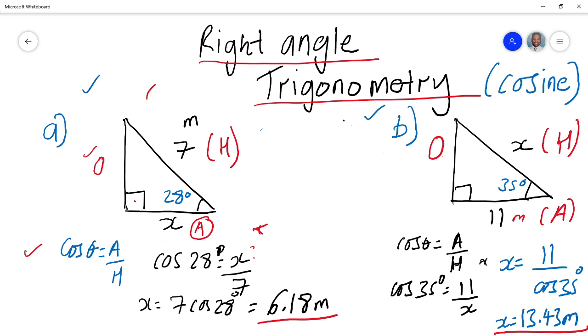So you write down the appropriate trigonometric ratio, which is cos, and then substitute. We ask ourselves, are we solving for the numerator or denominator? If we're solving for the numerator, you multiply. And if you look at B, same process, only difference is we're solving for the denominator. In this case, we need to divide.